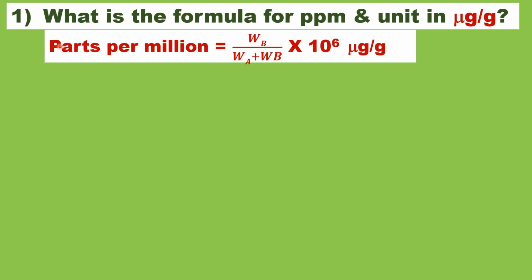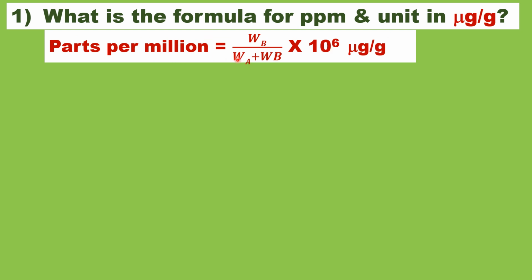Parts per million is equal to WB by WA plus WB into 10 power 6 microgram per gram. Micro means 1 in a million, that is the meaning. For example, hardness of water is measured in terms of parts per million.